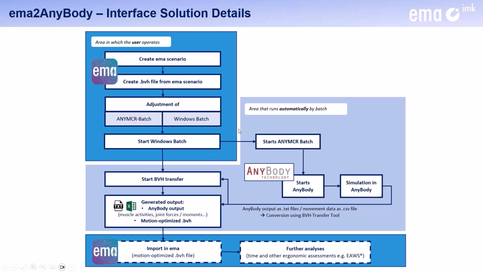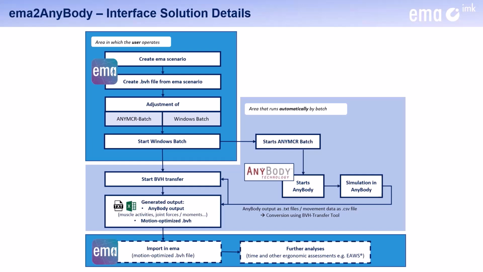With this adjustment I only need to input some file paths and start the Windows batch. After starting it, it will automatically start the AnyBody batch, start AnyBody in the background and do the simulation in AnyBody, without programming anything in AnyBody. It's automatically based on the human motion of EMA Work Designer. Then you get all the AnyBody output as text files, as movement data. The regular export is a CSV file.